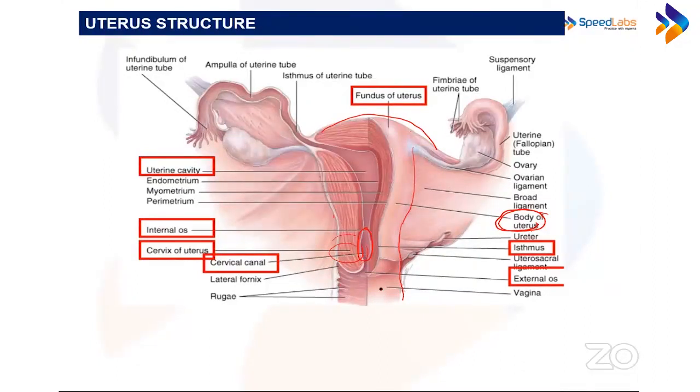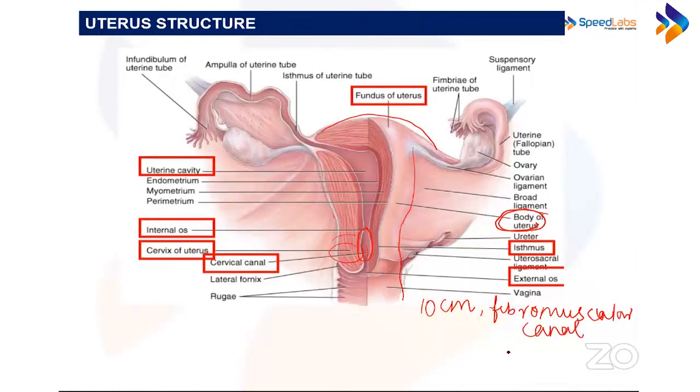It is a tubular structure, a kind of fibromuscular canal. It's a passage actually. It's called the birth canal also.